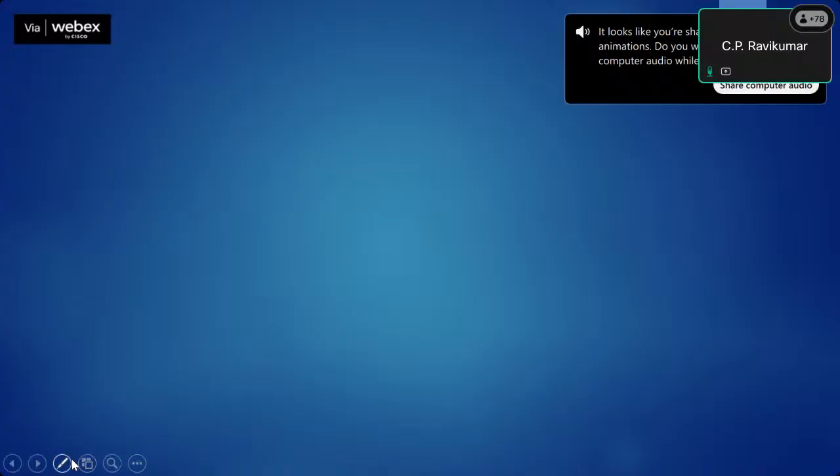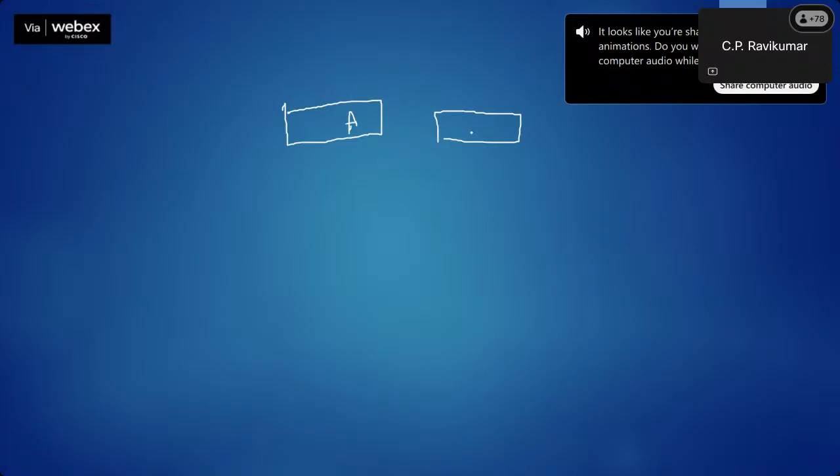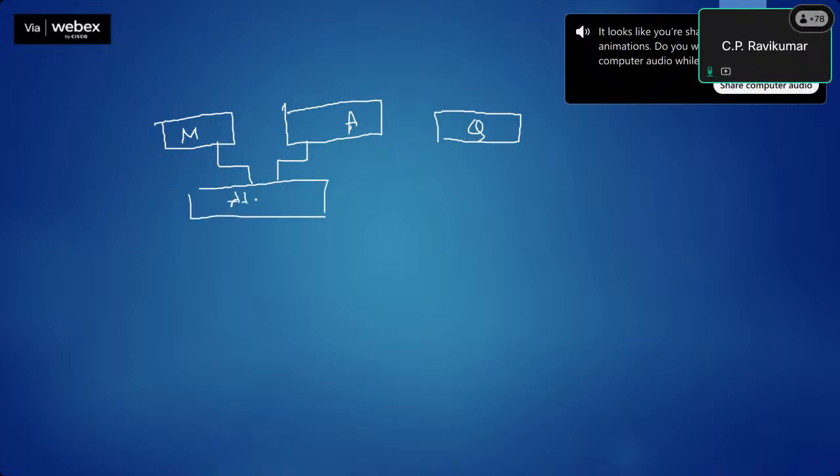So if you are looking at the hardware, then you will have to use A and Q, and you will have an M, and you will have an adder or subtractor, which will require a control signal.